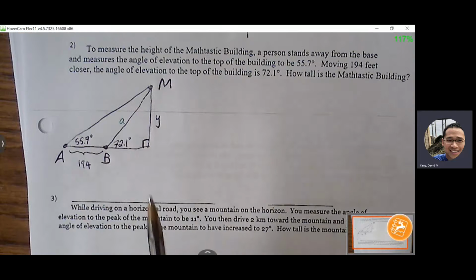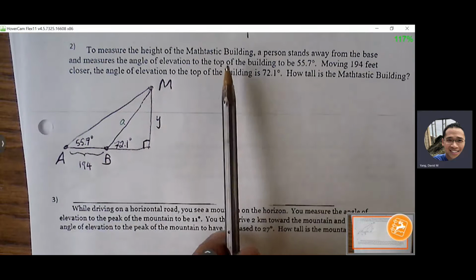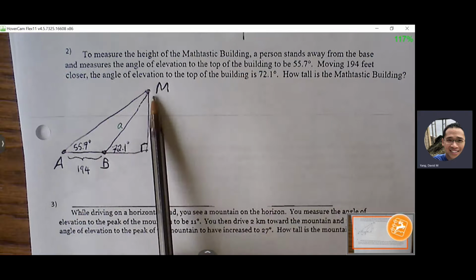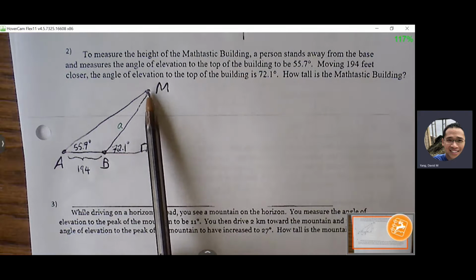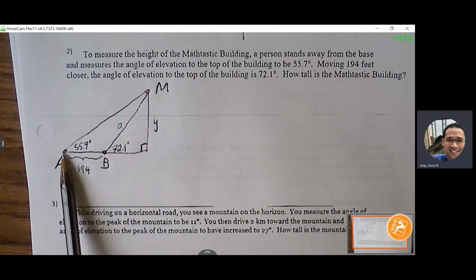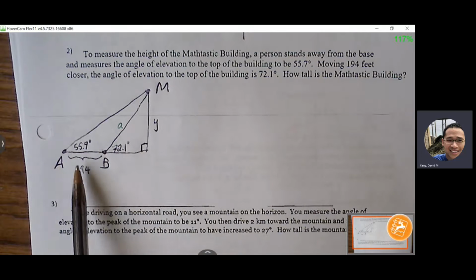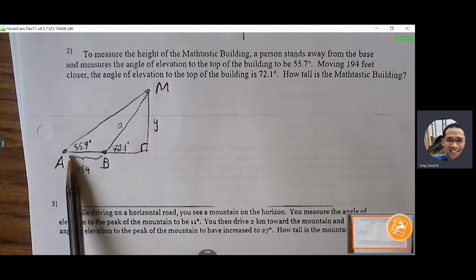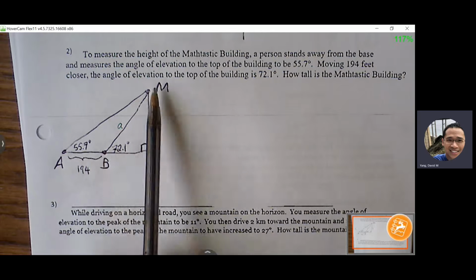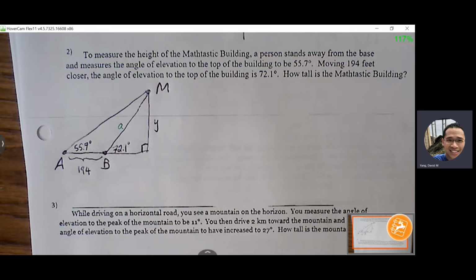Okay, so it says to measure the height of Mathtastic building, a person stands away from the base. So this is what I'm trying to measure here, the height. He's standing away at a certain point, the angle of elevation is 55.7 degrees. Then from this point, he's going to move 194 feet closer, 194 feet closer. He stands at point B, he looks up, and that angle of elevation has become steeper, 72.1 degrees.